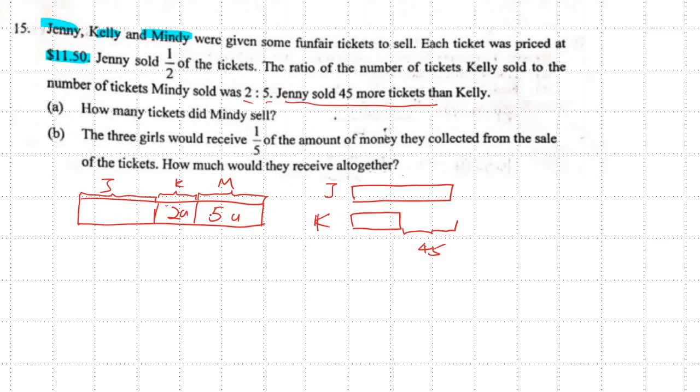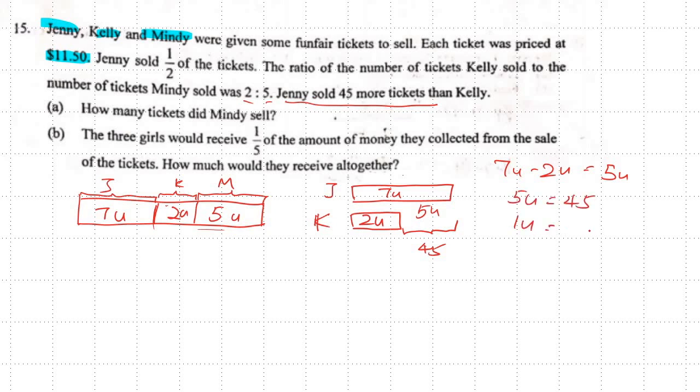If Jenny is half of this, the second half is actually how many units? The second half here is a total of 7 units. So in this case Jenny is 7 units, Katie is 2 units. So 7 units minus 2 units will give me 5 units, which equals 45.